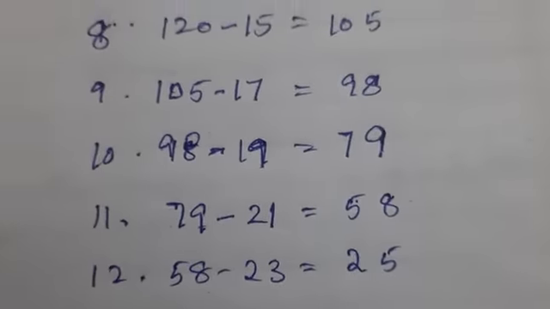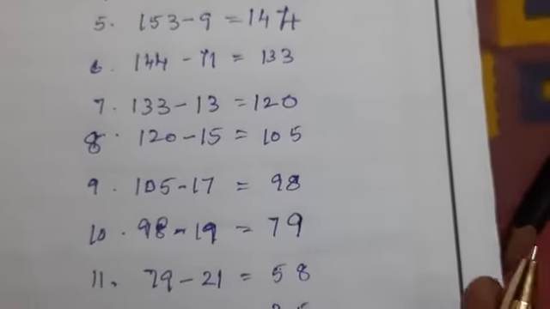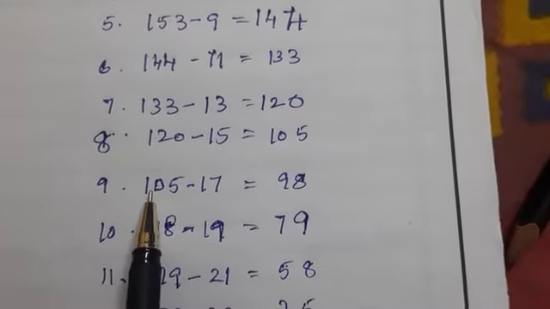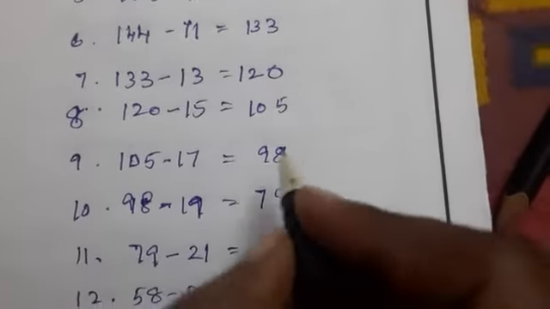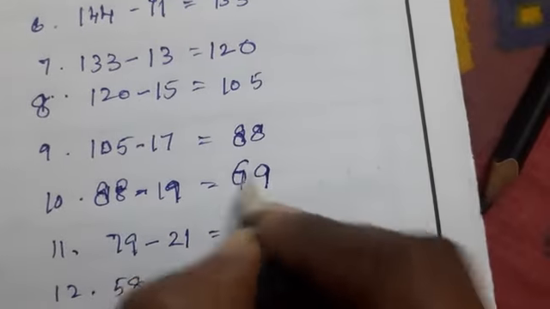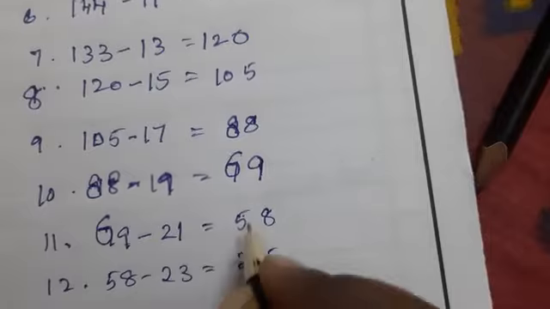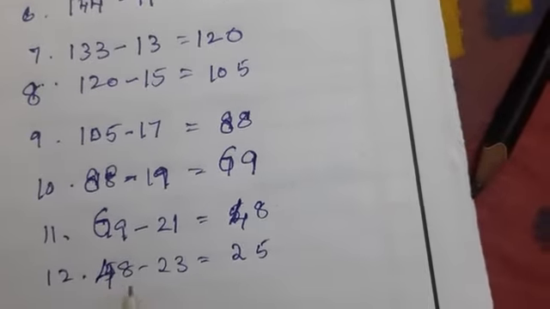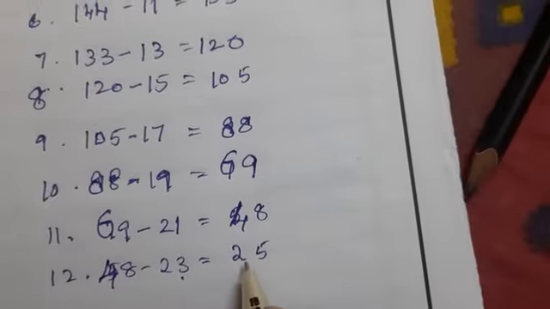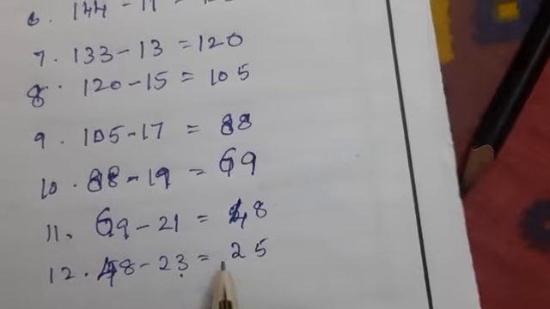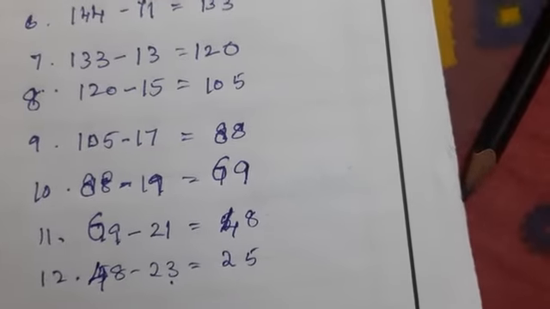Once again, I have gone wrong somewhere. Here it is 88. 88 minus 19, 69. So 69 minus 21 is 48. 48 minus 23, 25.